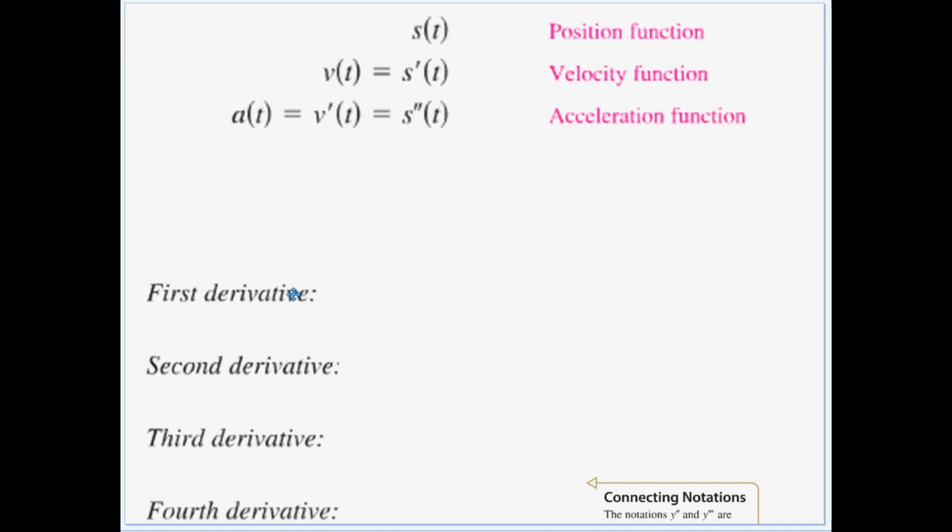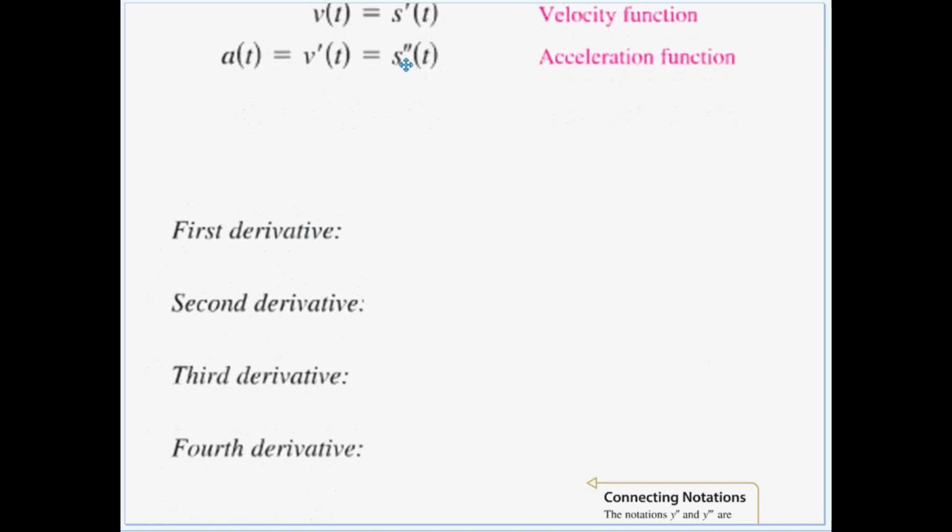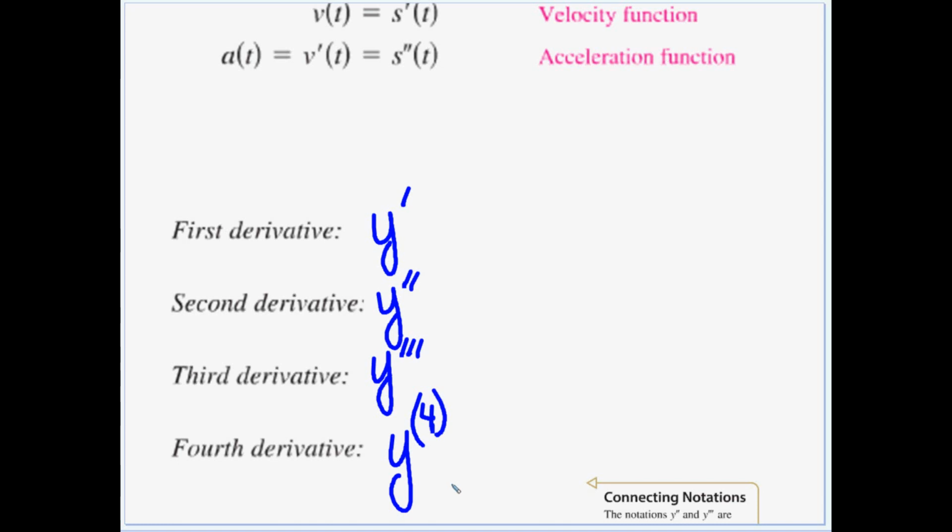Now what we're going to do here is just compare and contrast some of the notational differences. The first is just simple prime notation. Y prime is your first derivative. Y double prime would be your second derivative. Y triple prime, third derivative. Now watch, after the third derivative, you'll see something. It would typically be an exponent, but they put it in its own little set of parentheses, so you know it's not an exponent.